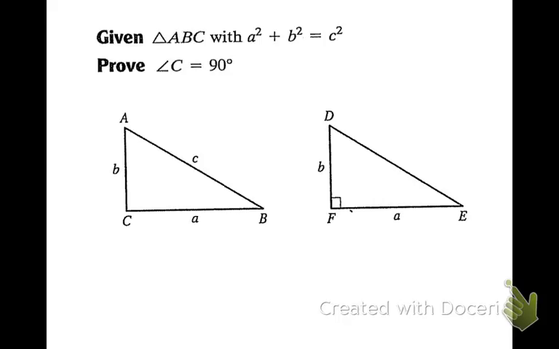So we're given triangle ABC with a squared plus b squared equal to c squared. We're going to show that angle C equals 90. So here's how our proof would work. Step 1: angle F is equal to 90, and that's given. It's marked in the picture.